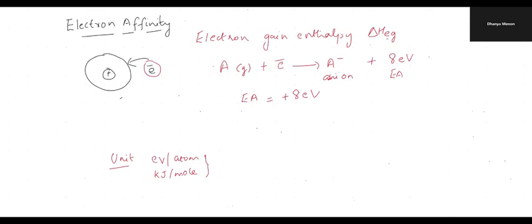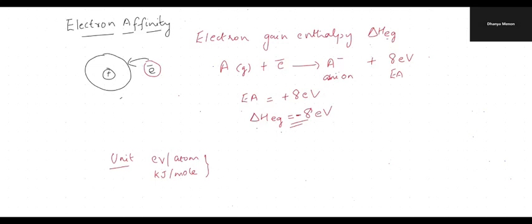Now delta H eg, the electron gain enthalpy, is nothing but the heat. The magnitude of electron gain enthalpy is the same as that of the electron affinity, that is 8, but the sign is negative. So this is also the heat released when the anion is formed or when the electron is attracted towards the isolated neutral gaseous atom.